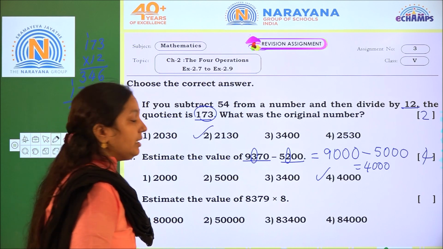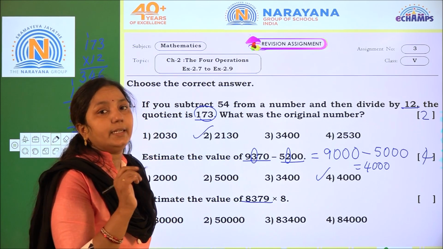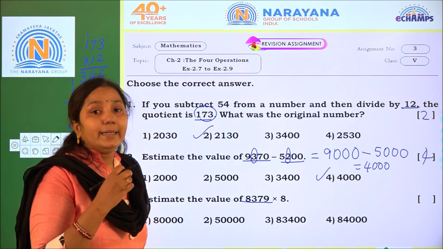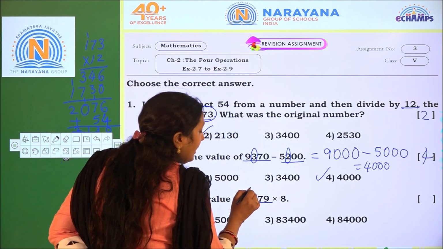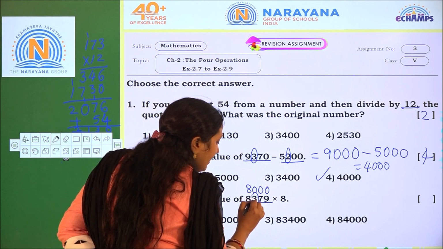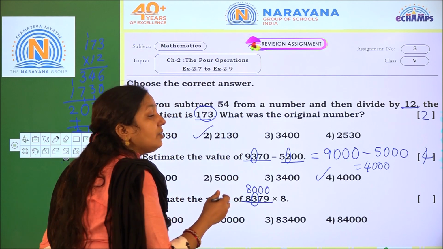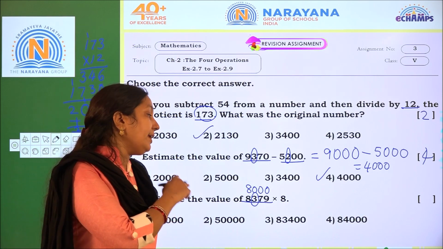Next one. Estimate the value of 8379 into 8. So what is the given number? 8379. We have to take the nearest 1000. 8379 means 8000, because the hundreds place number is 3, which is below 5, so we take the lower thousand.